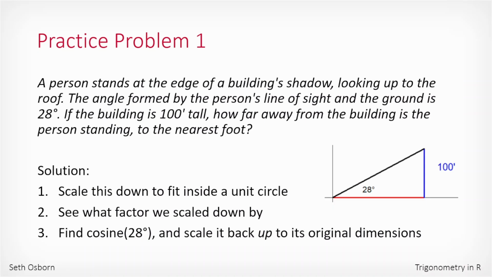If that didn't make sense, I strongly recommend pausing and thinking through that logic real quick. We scale this triangle down to the size of a unit circle. We see what cosine for this segment is. So cosine for 28 degrees will give us this segment if it were scaled down to a unit circle. And then we scale it back up to the original dimensions.